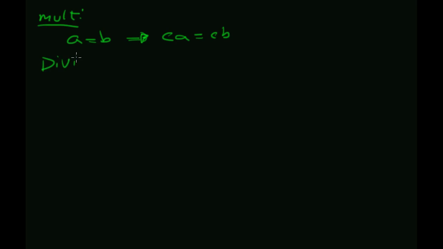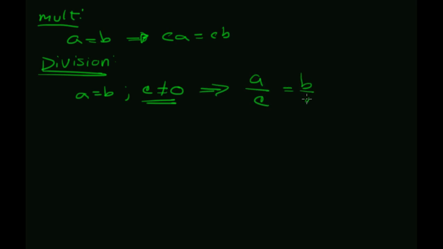Division has a similar idea, but it is slightly different. If A is equal to B and C is not 0, because you can't divide by 0, then A over C is equal to B over C. So that's our division property. That only holds if C is not 0.